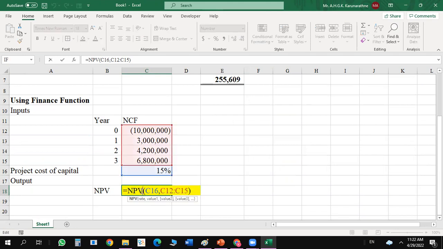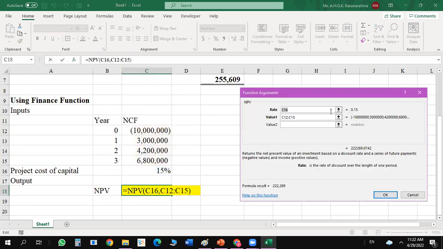I'll explain, right? So go back to your formula. These are the inputs. First you are required to provide the rate. Minimum rate, right? Rate is here. Give the rate like this. Then when it comes to giving the values, don't give the initial investment, because the inbuilt formula recognizes this initial cash flow as a year-end cash flow. So accordingly, take it as a separate one.